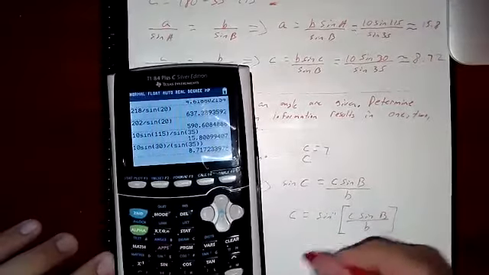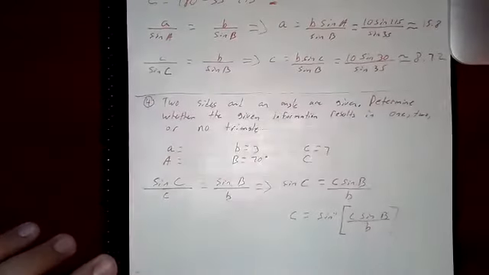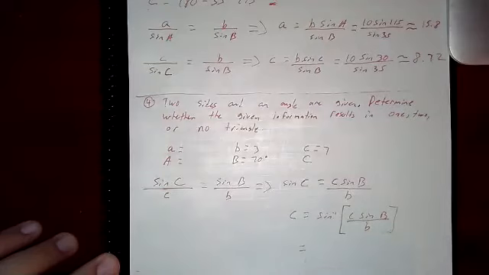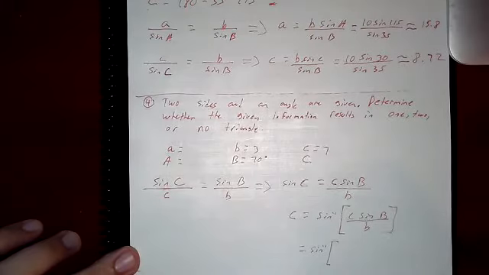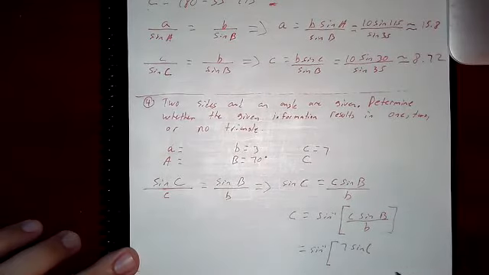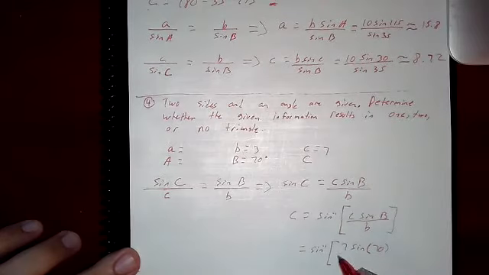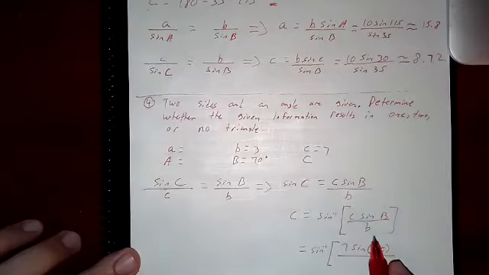Well, actually, let's go ahead and plug in the numbers first. So that will be 7 sine of 70 over little b, 3.